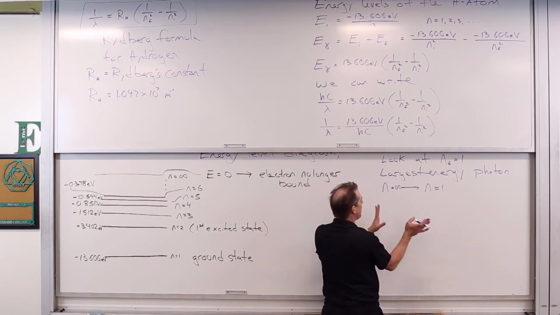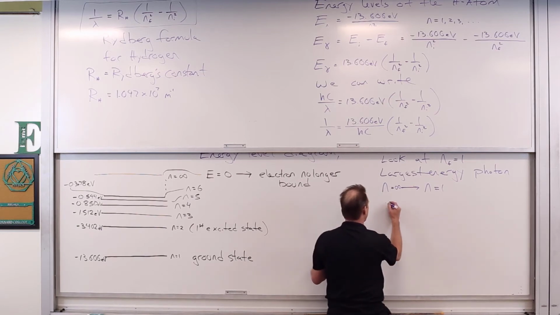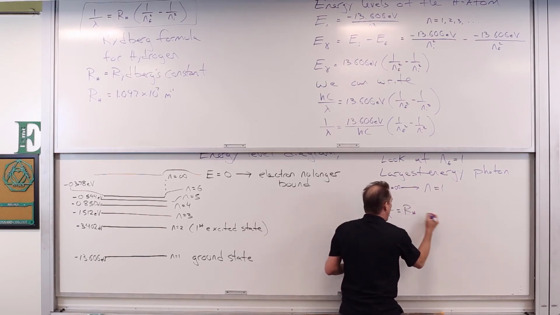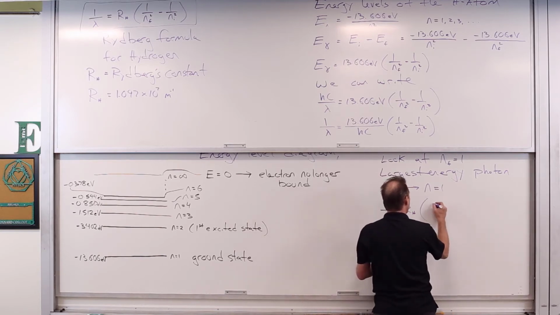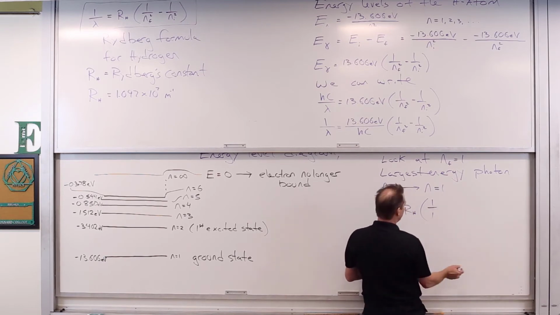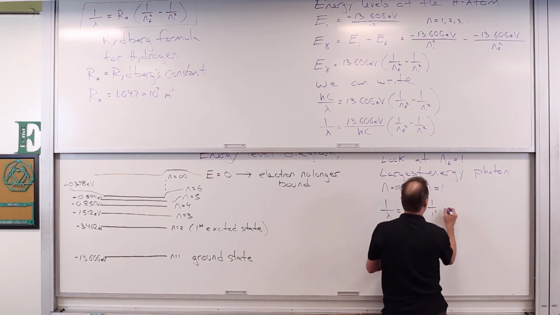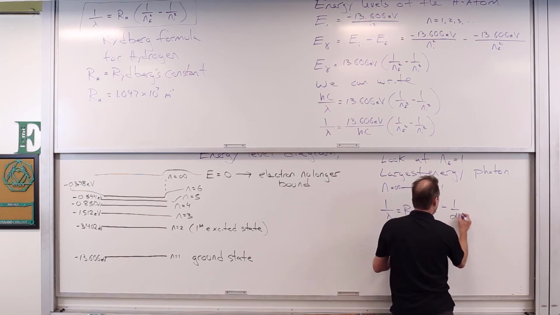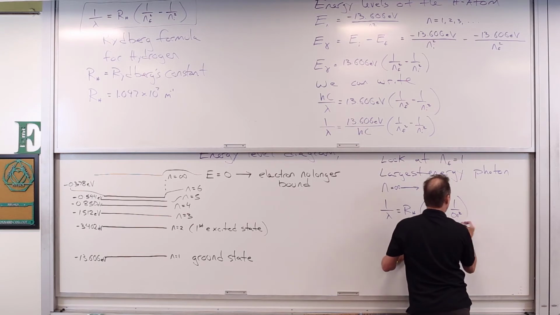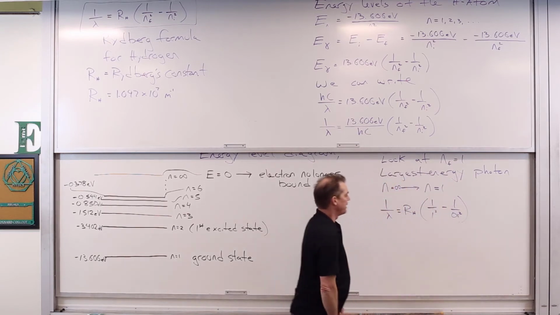So what is the wavelength of light that's associated with this transition? Well, we've got that 1 over lambda is R sub H multiplied by 1 over 1 squared minus 1 over infinity squared. Final minus initial.